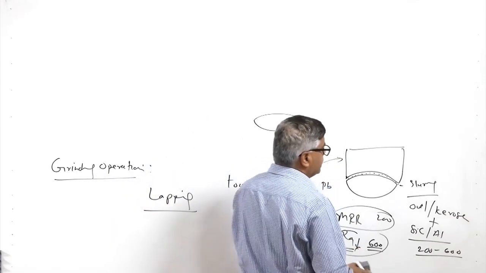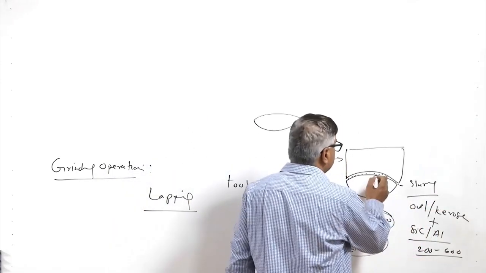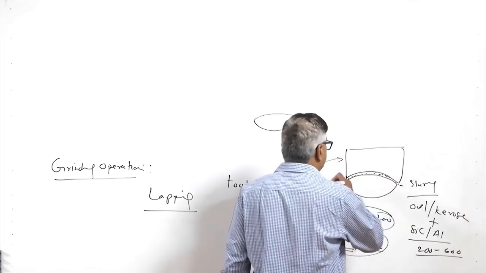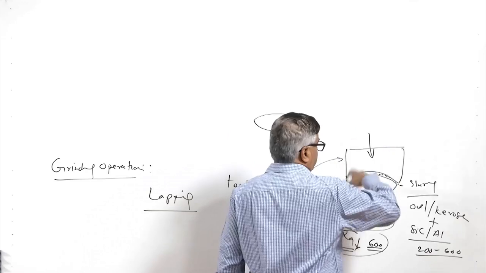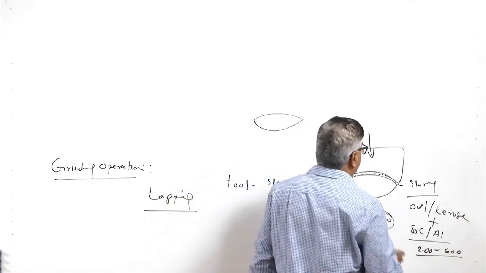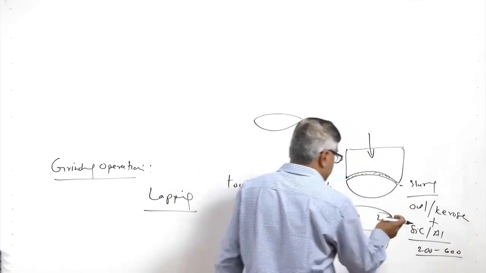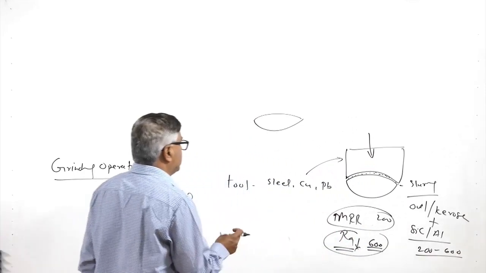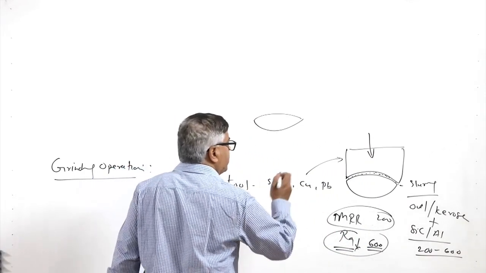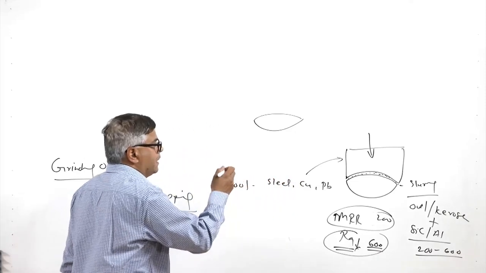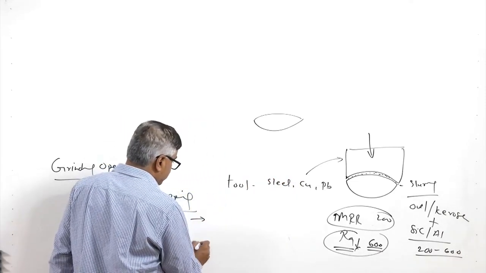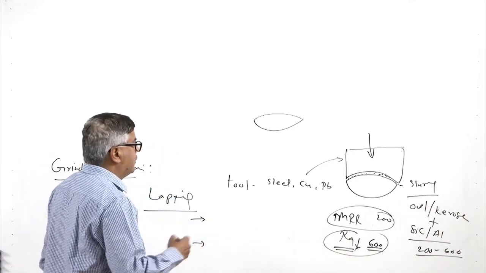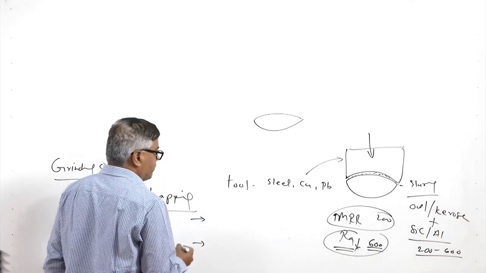So, this slurry is basically placed between the lapping tool and the workpiece. Then under pressure this lapping is performed. The material is removed due to the relative motion between the abrasives and the workpiece. There are two mechanisms which have been suggested for the removal of material in the lapping process.